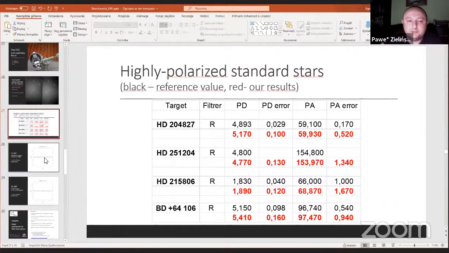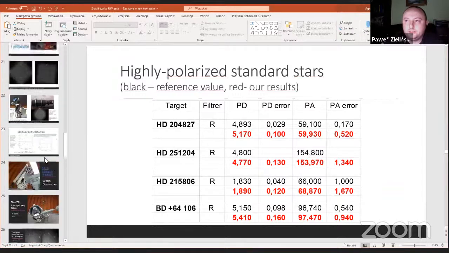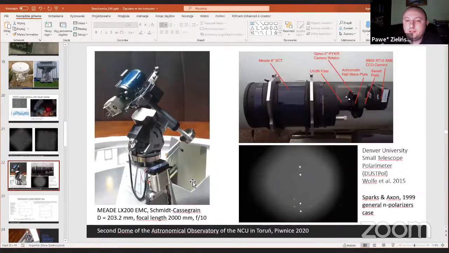But what is worth mentioning is that with the new polarimeter, which you are going to build in Piwnice, the small one, also with Savart plates, the precision should be even better, below 0.1%, and this is the aim, right?